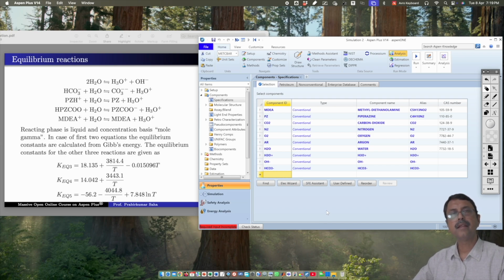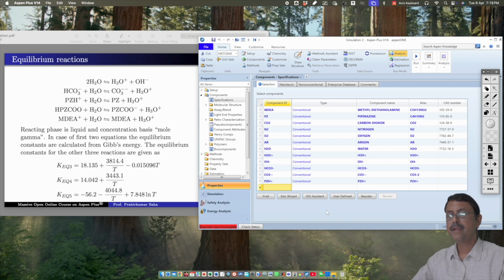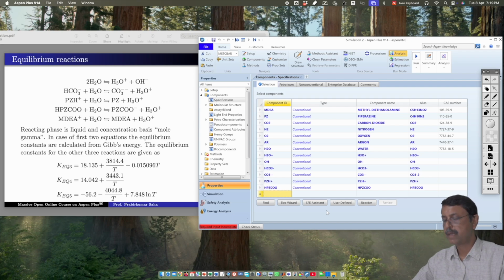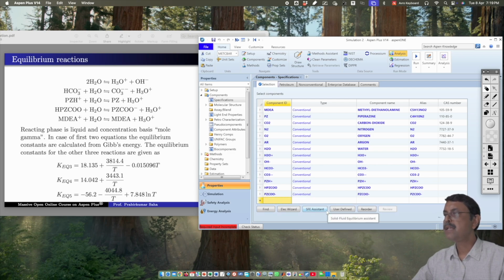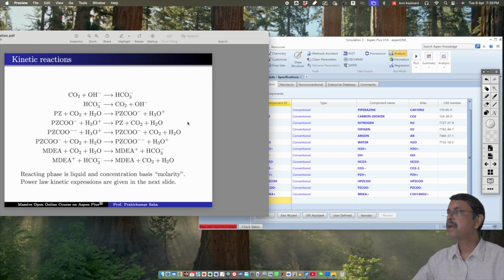So if you write it in this fashion, it will take CO3 double minus, then PZH plus, HPZCOO, PZCOO minus, MDEA plus, okay.